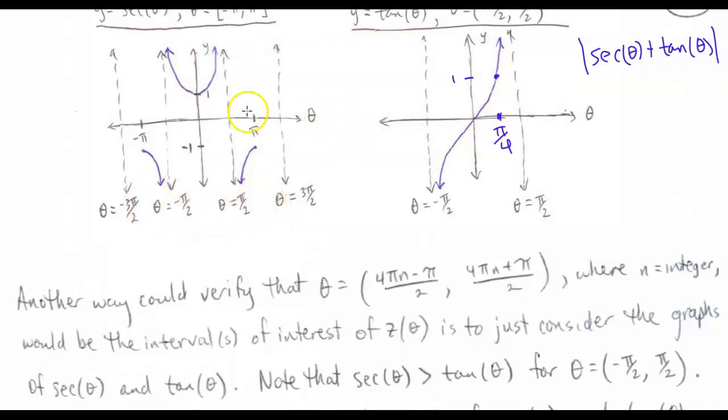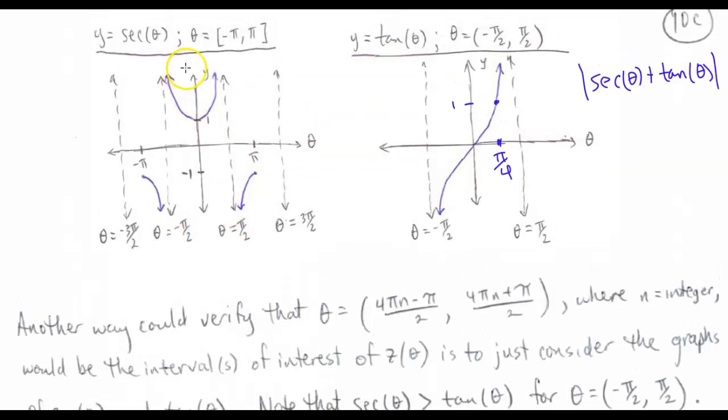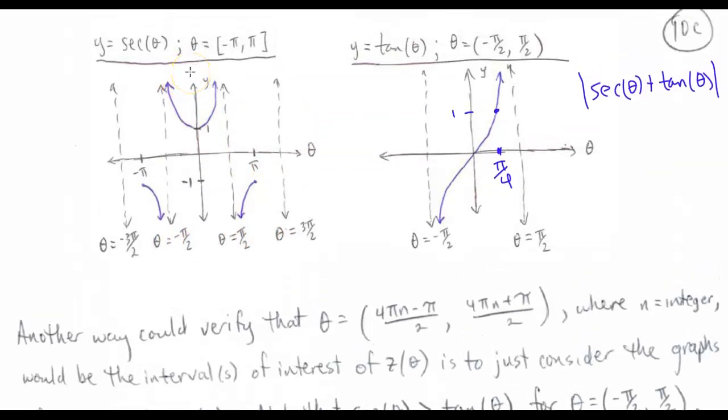Now, we know that secant and tangent are periodic. So if I draw another period for secant and another period for tangent, it turns out that between 3 pi over 2 and 5 pi over 2, I'm going to have a similar graph, where the graph of secant is going to look like this and the graph of tangent is going to look like this. And for that, I know that secant is going to be above tangent.